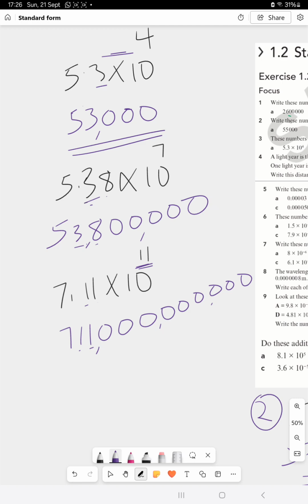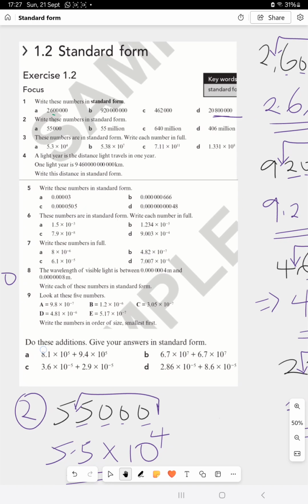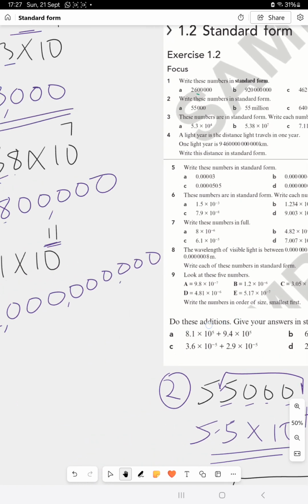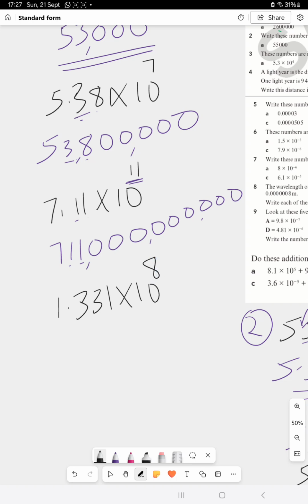And now we go to the last one, and it is 1.331 times 10 power 8. Very fast again. We pick this one and say, now you first write 1.331.